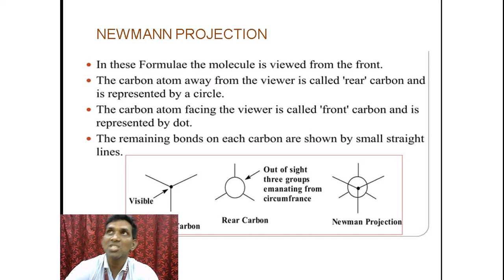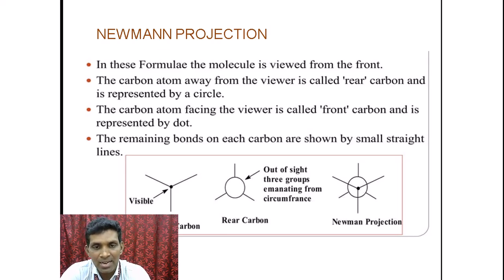The next projection is Newman projection. Newman is a scientist. He visualized the 3D compound in a 2D perspective. For example, if you take the ethane molecule, it contains two carbons, and you have to keep your eye in such a way that one of the carbons is very close to me.